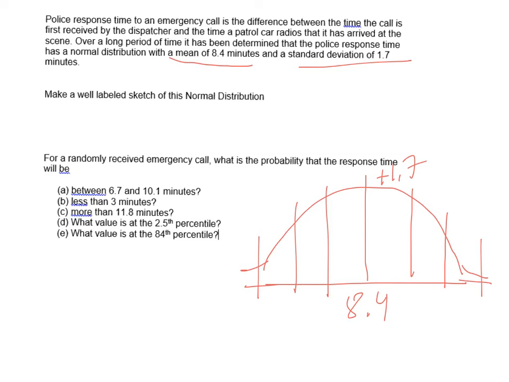Yep, 10.1. Just because I'm going to run out of room, I'm going to write this sideways. Then I'm going to add 1.7 again, and that's 11.8. And then I'm going to add 1.7 again, and that's 13.5. And then I'm going to subtract 1.7.